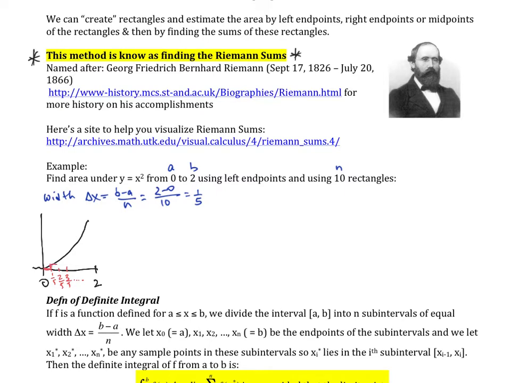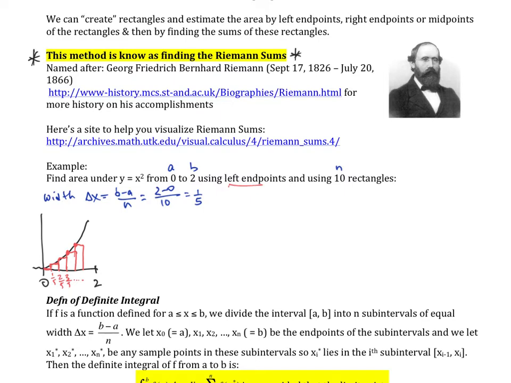The second one will go across like this. The third one will go like that. Notice I'm putting the left point here, drawing the width, and coming down and finishing out. So that's the key to drawing these. Put the point on the curve on the left side for the rectangle because it said left endpoints. If it was right endpoints, I would do it the other way. The right side of the rectangle would be on there.